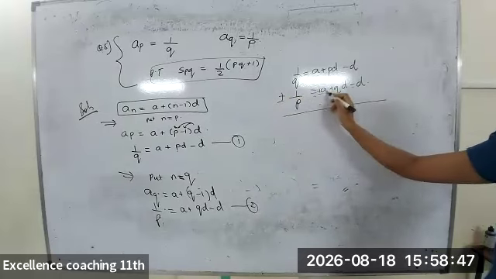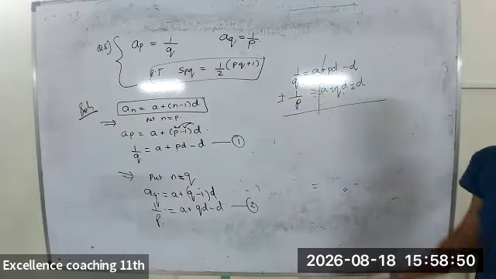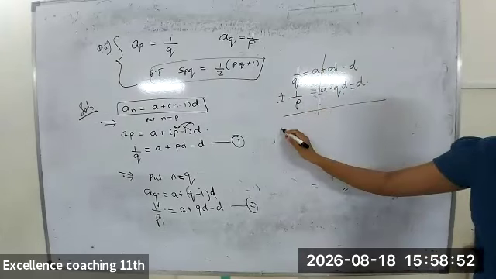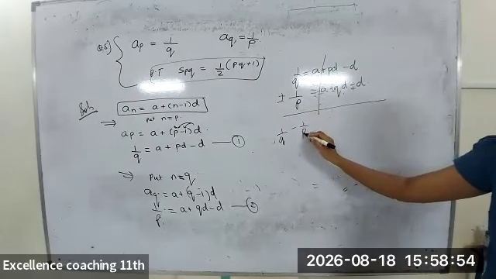Change all the signs. So this will stay, just write it as it is. So 1 by q minus 1 by p.